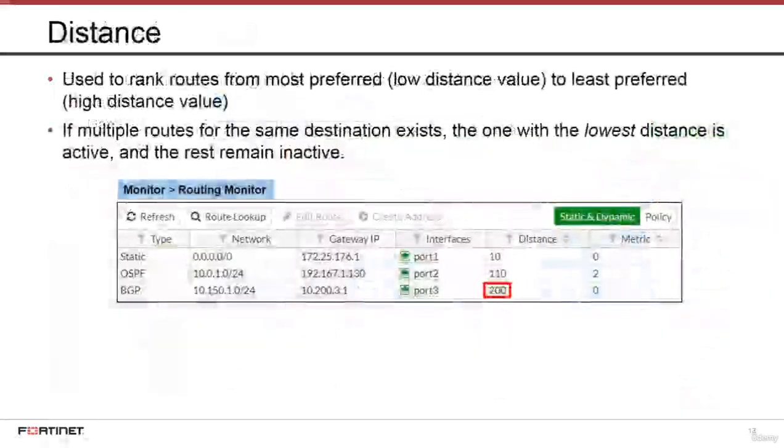Distance. Distance, or administrative distance, is a number that is used by routers to determine which route is preferred for a particular destination. If there are two routes to the same destination, the one with the smaller distance is considered better and used for routing. The routes with higher distances are not installed in the routing table.